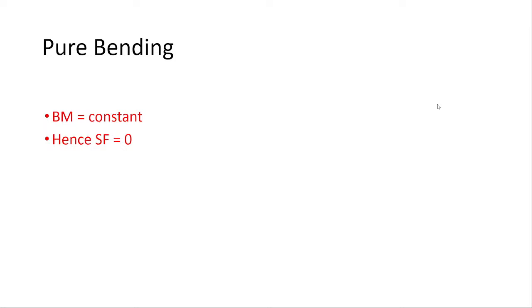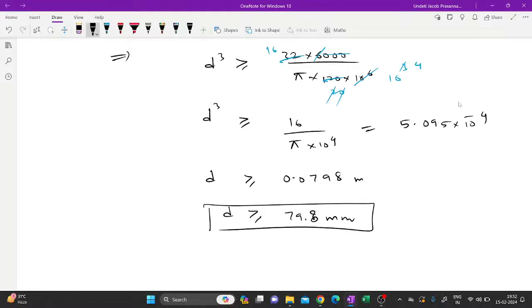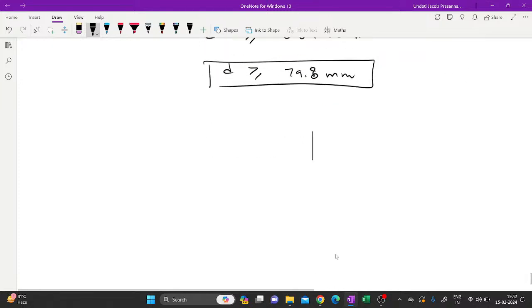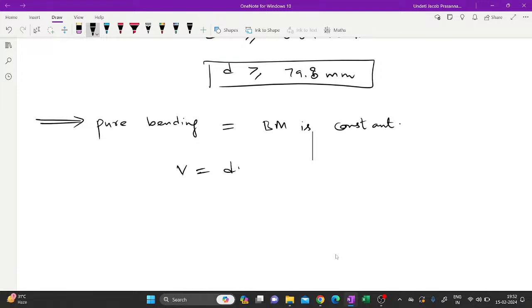So what you need to understand is basically, pure bending means bending moment will be constant, and I already told you pure bending means bending moment is basically constant. Other thing is, we know shear force is equal to dM by dx, right?